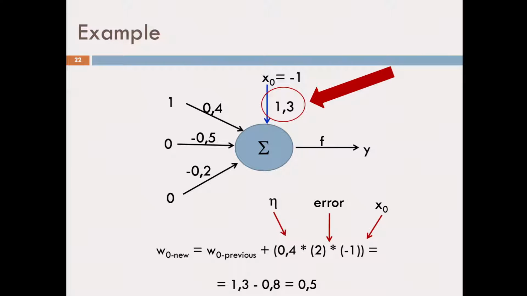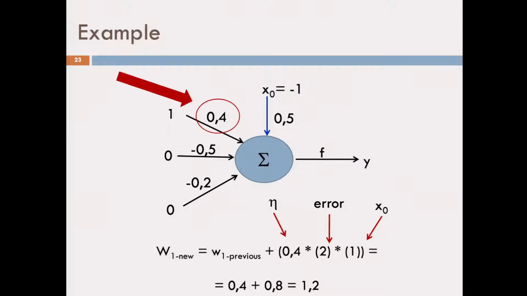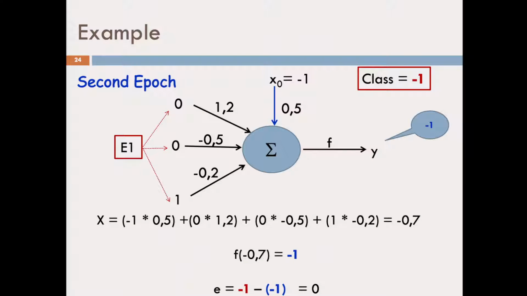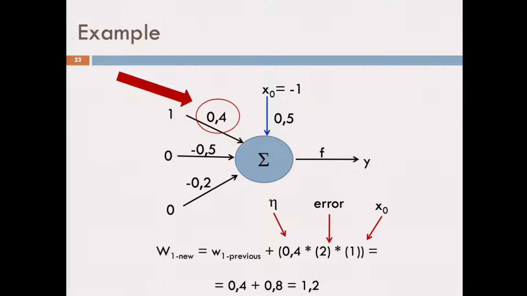The same calculations. So the new W is going to be the current W plus learning rate times the error times the signal that's associated to that weight. So in this case, we're going to correct this weight. It's going to be 0.5. We are going to do the same with this weight. The new weight is going to be 1.2. And of course, I didn't make the calculations here because the input is 0, so everything is going to be 0. We will have no updating, okay?